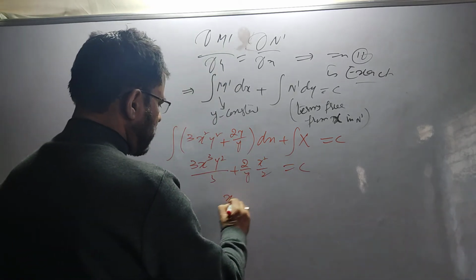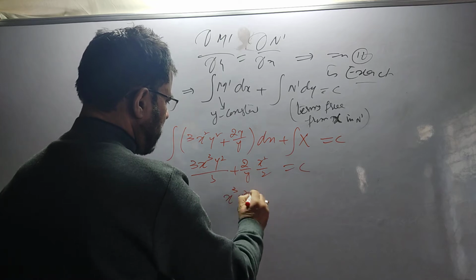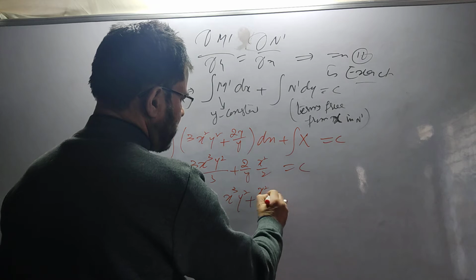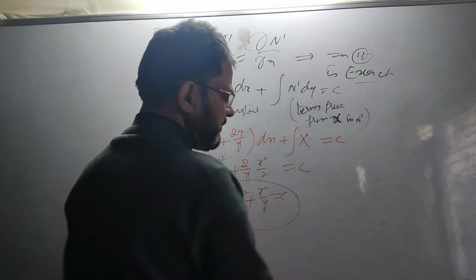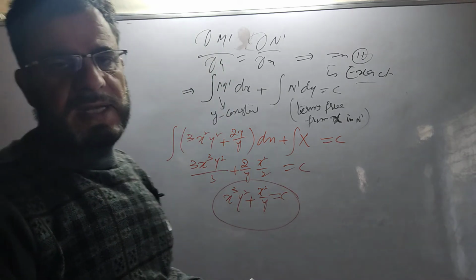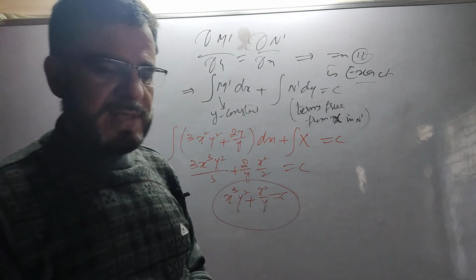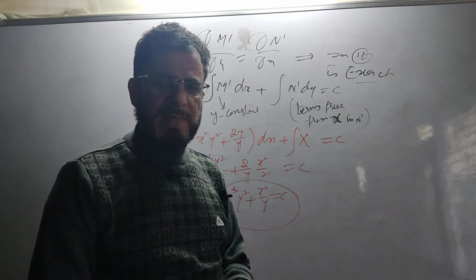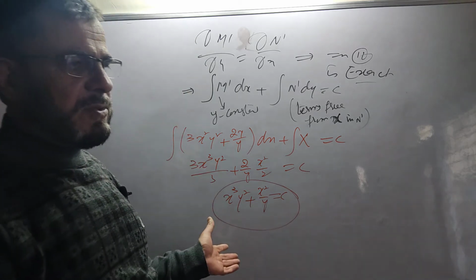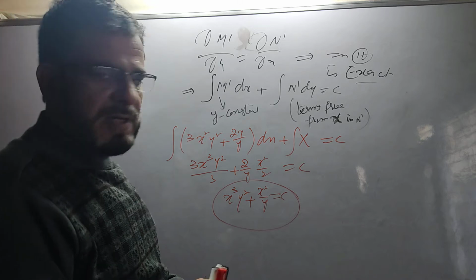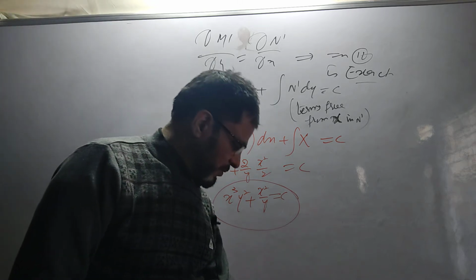So it is x cube y square plus x square by y is equal to c. This is the solution of this differential equation, which was not exact, but we could write it as partial of M with respect to y minus partial of N with respect to x, divided by N, as a function of y alone.